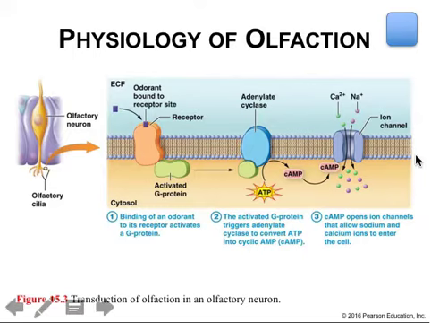When we activate, for instance, a receptor on the surface of an olfactory bipolar neuron, that activated receptor can activate several G proteins, which can activate several adenylate cyclases, which can produce lots of cyclic AMP, and that in turn can open lots of calcium and sodium ion gates, allowing them to flow down their concentration gradients from the outside to the inside of the cell, and that's what produces the depolarizing stimulus.